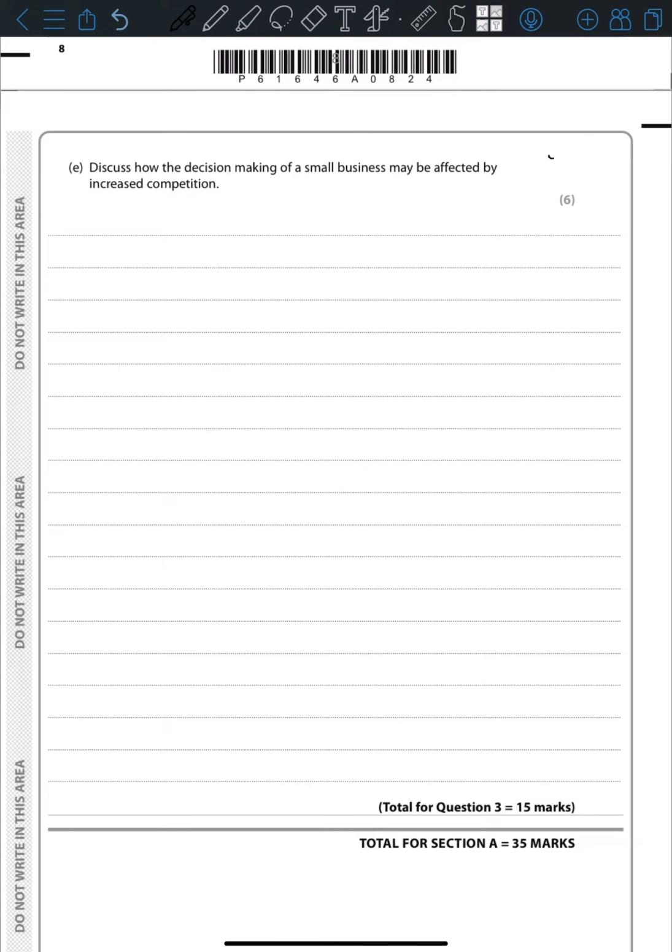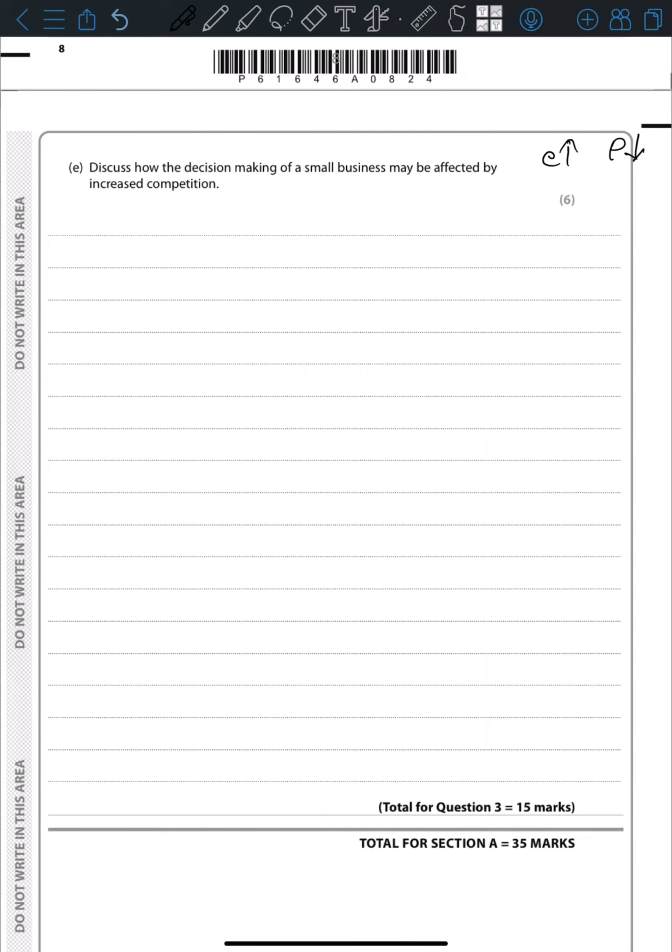If competition increases, my price making power decreases because more firms are on the market. So I cannot keep charging a high price, because people are going to go away from my business and purchase products from my competitor.